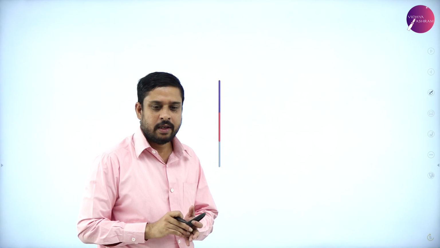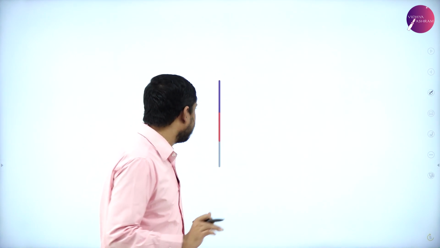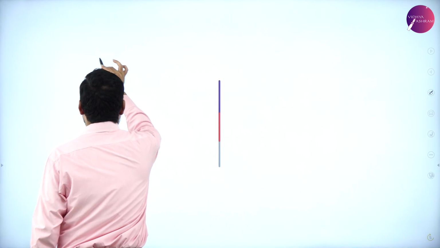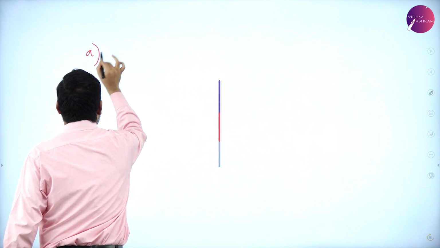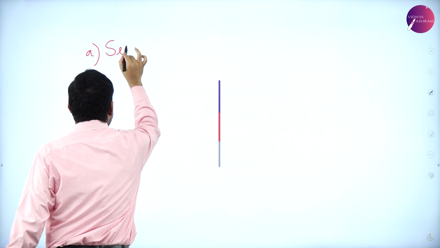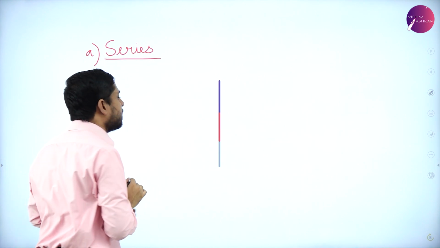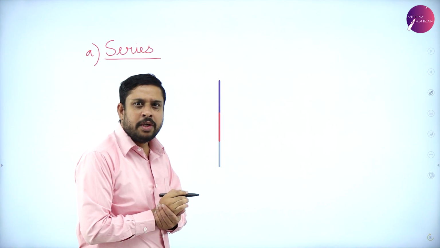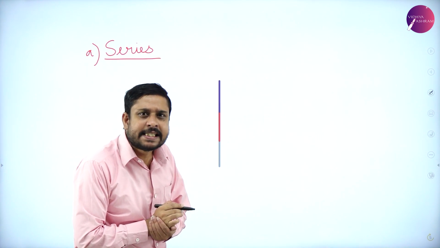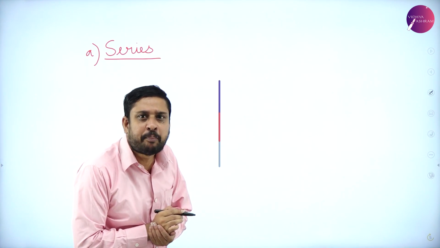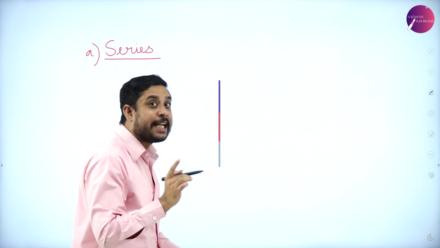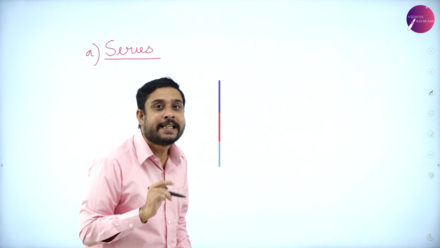Here, there are 3 resistors which are initially connected in series. Now, generally, what is the expression for power in terms of resistance and voltage?